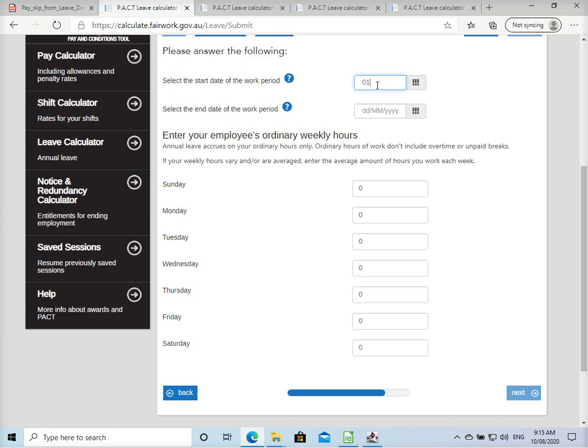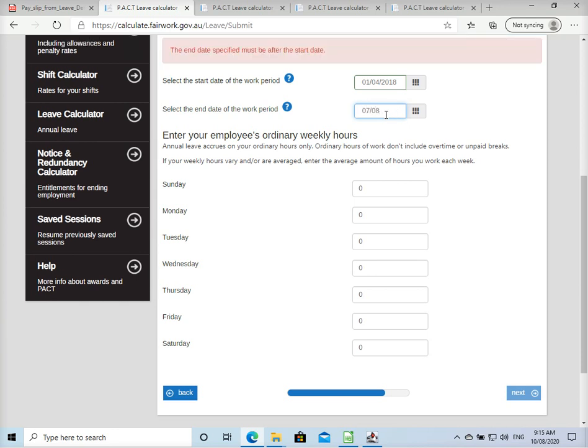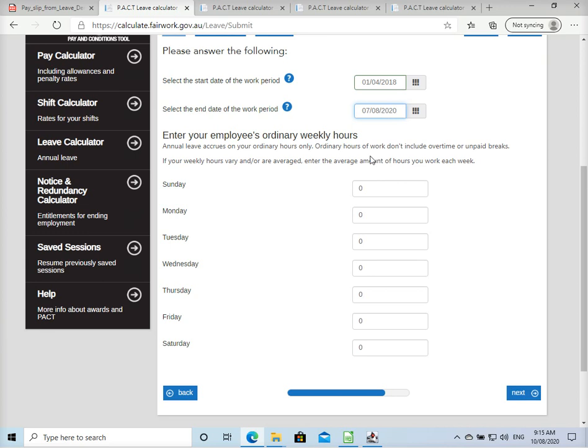So we said they started on the 1st of the 4th, 2018, and the end date is the 7th of the 8th, 2020. I'm just putting 7.6 on each day.